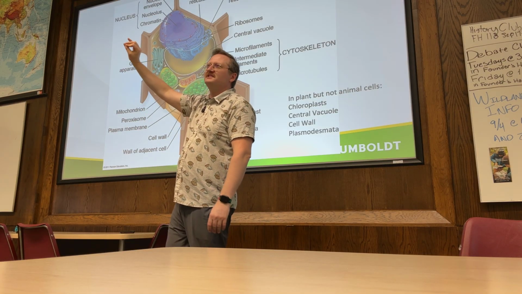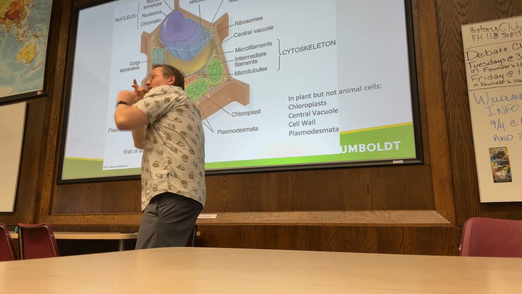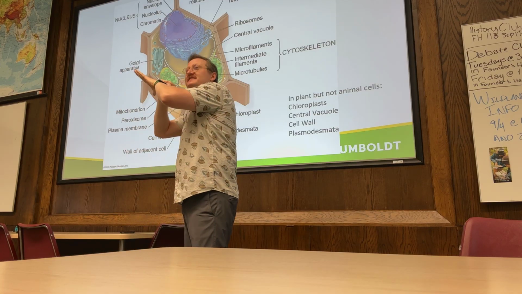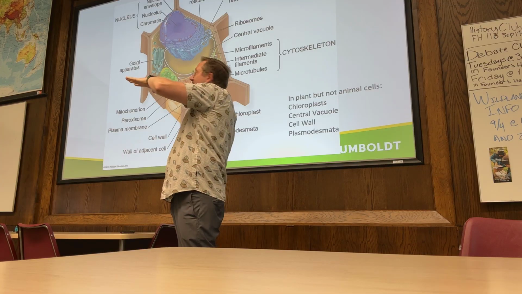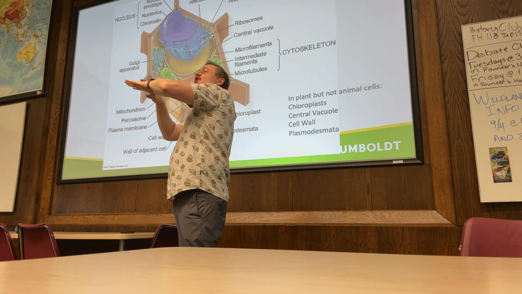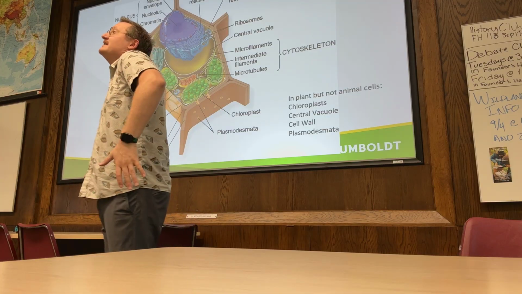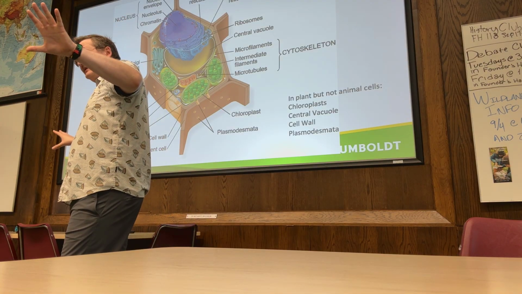Imagine this is a wilted leaf. Then I blow the latex glove up, and now it's a leaf that has adequate water. You've seen this with plants before. So the plant cells are developing internal pressure and pushing against the cell walls, and that gives the larger herbaceous structure stability.